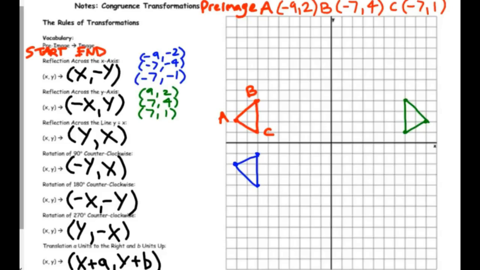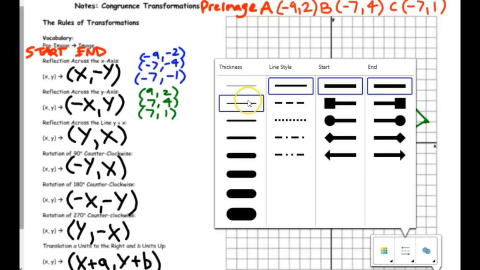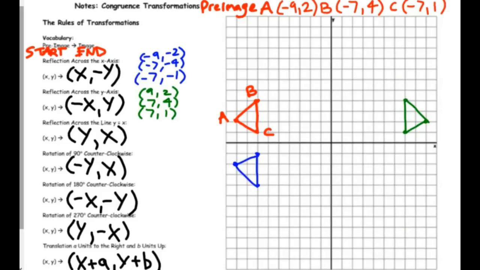Okay, now this next one says reflection across the line y equals x. Now we're going to take a quick reminder about Algebra 1. So if you're looking at me, you may have seen something like this before. So y equals mx plus b. If you just see y equals x, that means m is 1 and b is 0. So if I have a slope of 1, that means up 1, right 1.